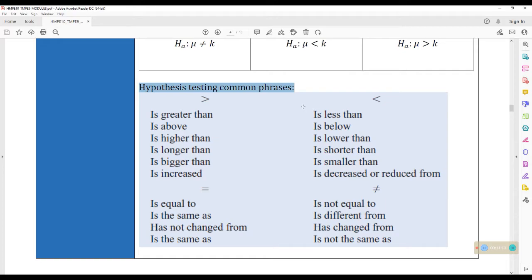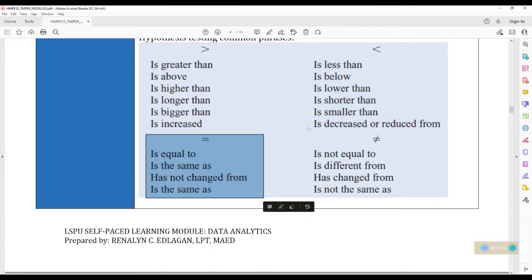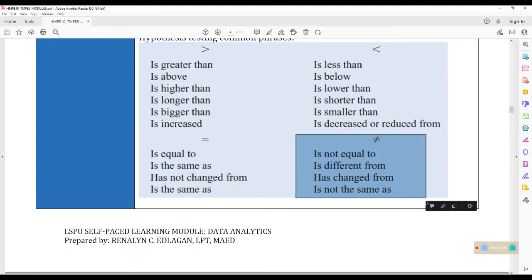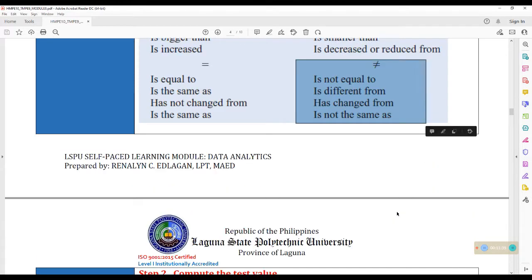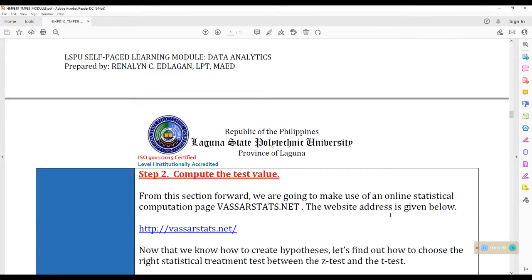And also, is less than, is below, is lower than, is shorter than, is smaller than, is decreased or reduced from, less than naman yun. For equal, so is equal to, is the same as, has not changed from, yan. Equal yon. And pagka not equal, is not equal to, is different from, has changed from, is not the same as. So these are the common phrases that you will find in word problems.